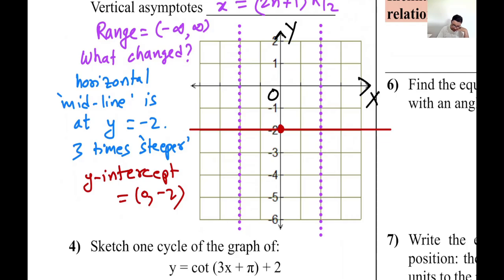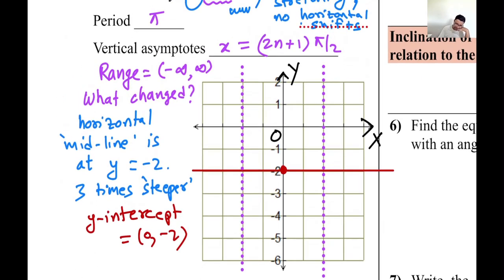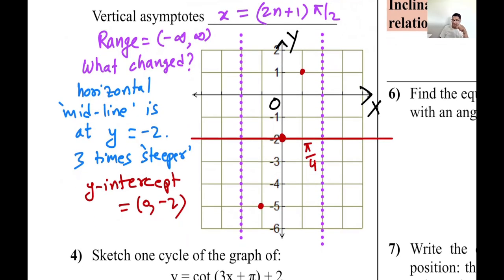And at 1, it will not be going just 1 unit up, it will be going 3 units up. Here at pi over 4, you will be going 3 units up there and 3 units down here, because it is 3 tan x.